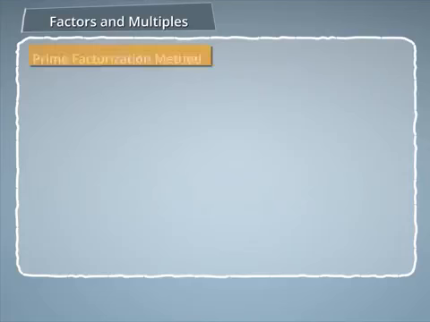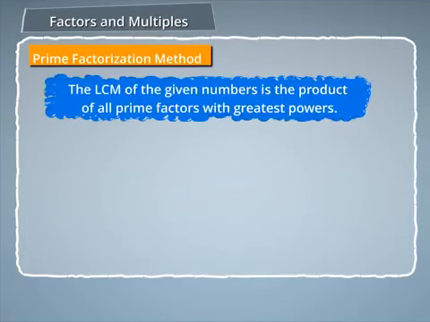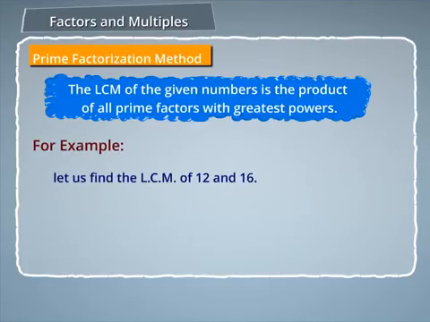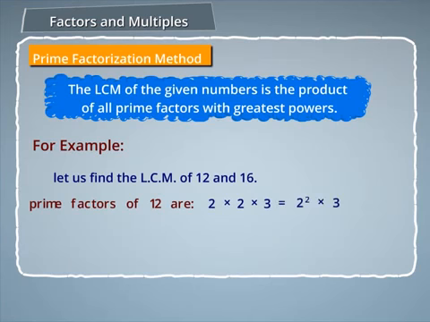Let us discuss LCM by prime factorization method. The LCM of the given numbers is the product of all prime factors with greatest powers. For example, let us find the LCM of 12 and 16. Here we have the prime factors of 12 are 2 into 2 into 3 is equal to 2 square into 3.